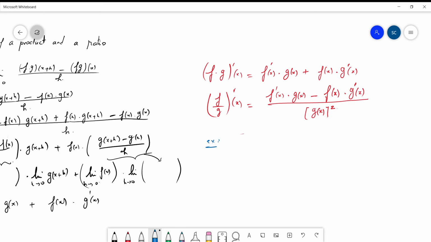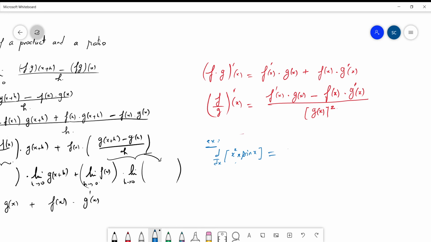Let's now do some examples. Suppose that you are asked to find the derivative of x^2 times sin x. Instead of using the definition with limits, which is hard to do and check, I look at my function as the product of two functions, so I can use the product rule.